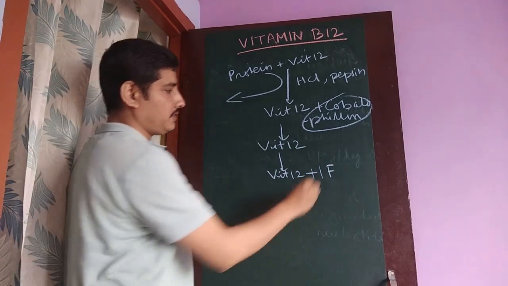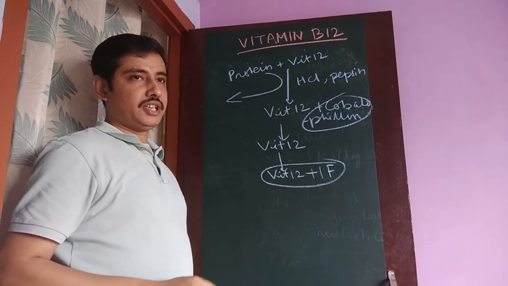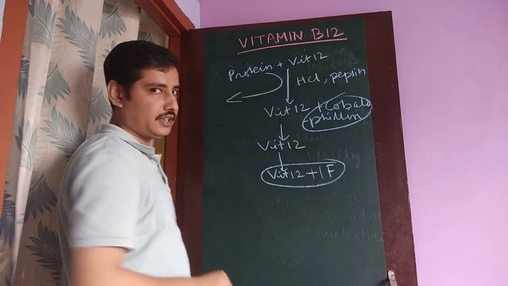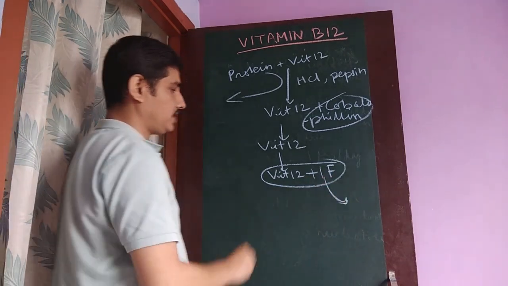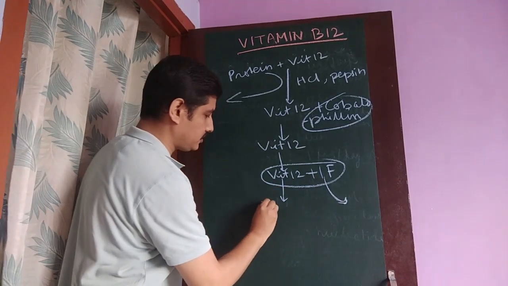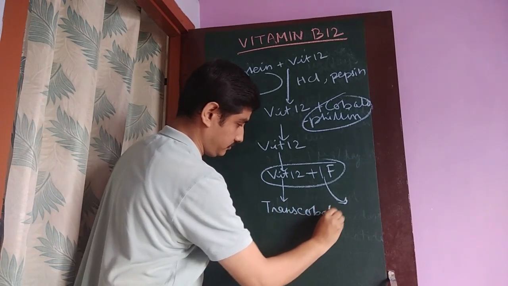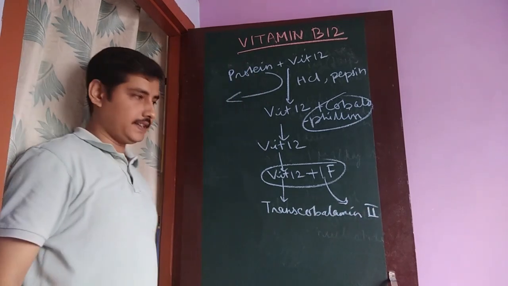Vitamin B12 and intrinsic factor are taken up by the intestinal mucosal cell with the help of a receptor. It enters the cell, intrinsic factor is released, and vitamin B12 gets combined to transcobalamin 2.